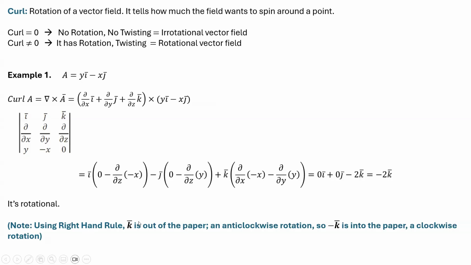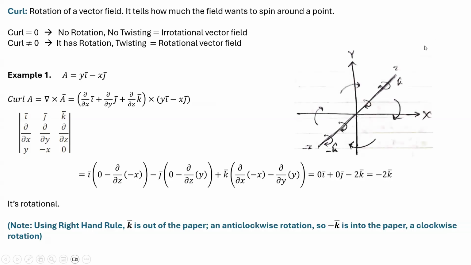Positive k cap is anti-clockwise, but since it's negative, it would be a clockwise rotation, something like this I've shown here. That is how you can define the rotation of a particular vector field. We'll see another example for this.